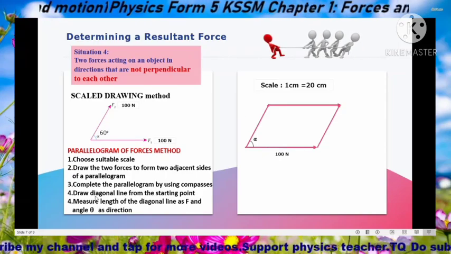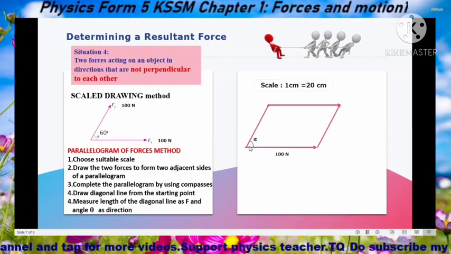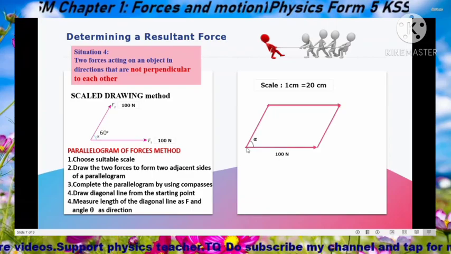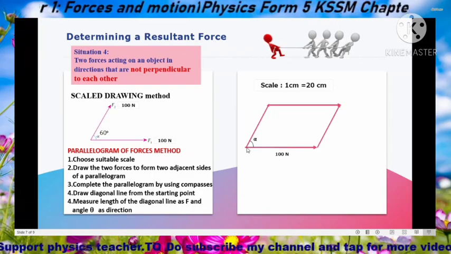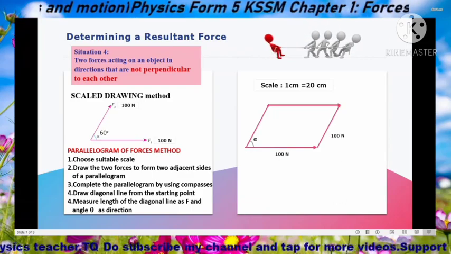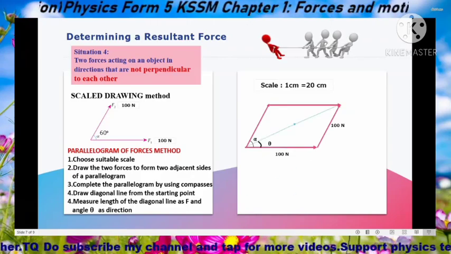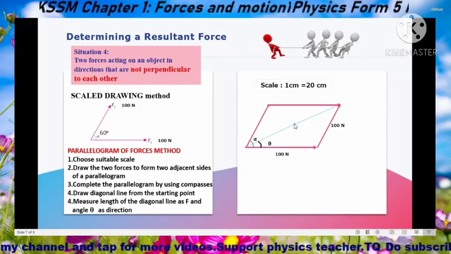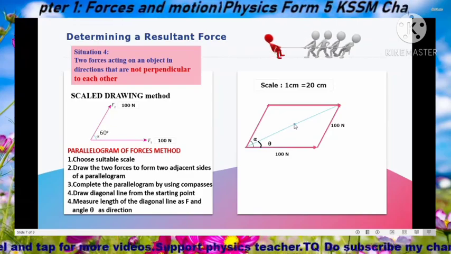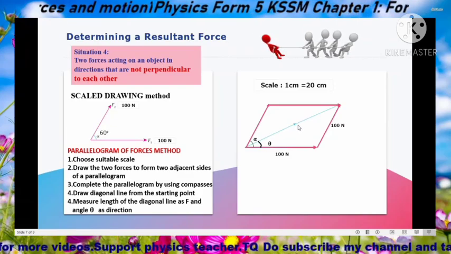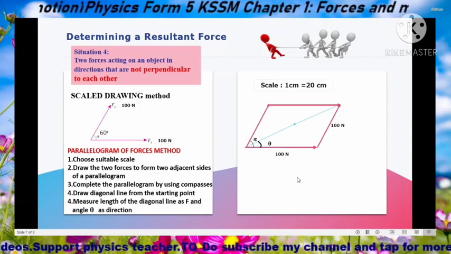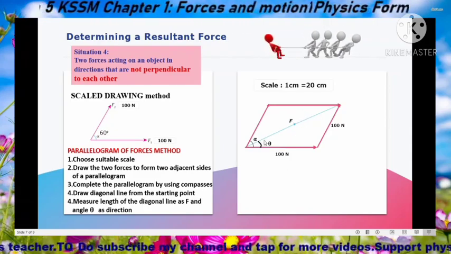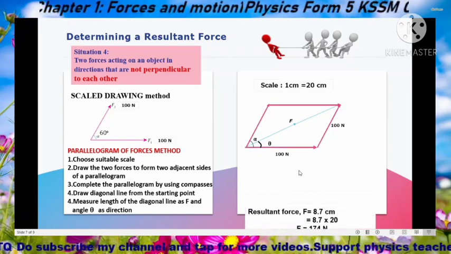How to get the value of the resultant force? Just now this one is the starting point. Okay, so draw a diagonal line from that starting point. You can see the blue line here represents the resultant force. So how to get that value? Same as the triangle method. Use a ruler, measure the length of the blue line or diagonal line.